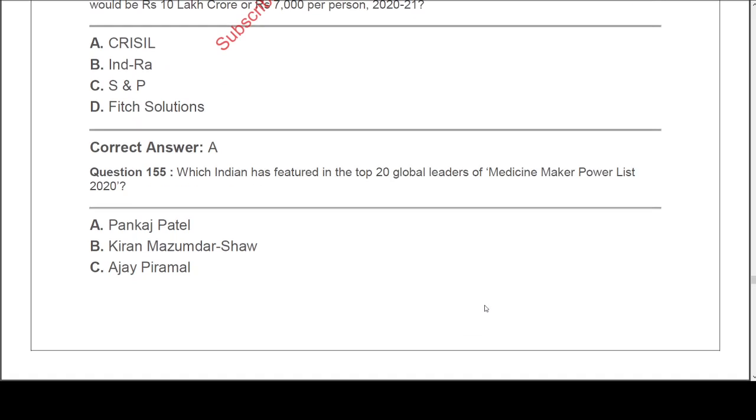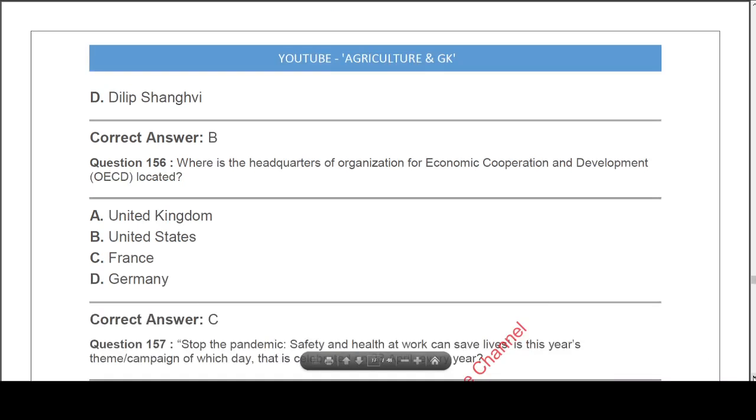Which Indian has featured in the top 20 global leaders of the Medicine Maker Power List 2020? It is option B, Kiran Mazumdar Shaw. Where is the headquarters of the Organization for Economic Cooperation and Development, OECD, located? Option C, it is France.